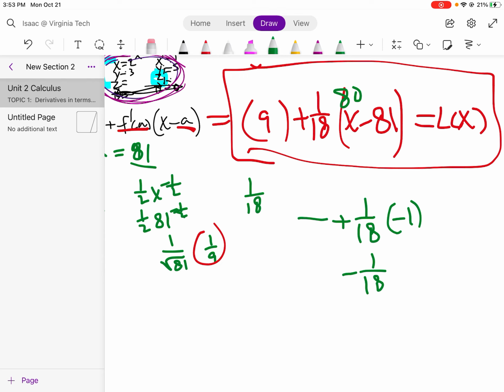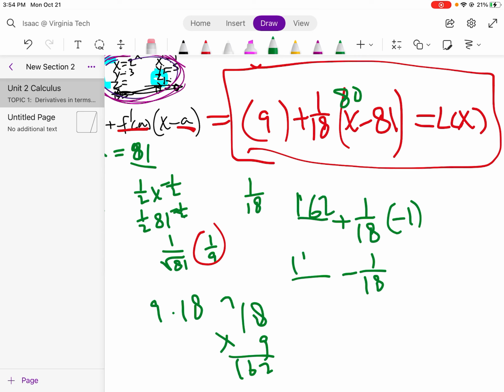And shoot, that does get a little bit tricky, because how can we find a common denominator? That's going to have to be 9 times 18. So 18 times 9, 162.